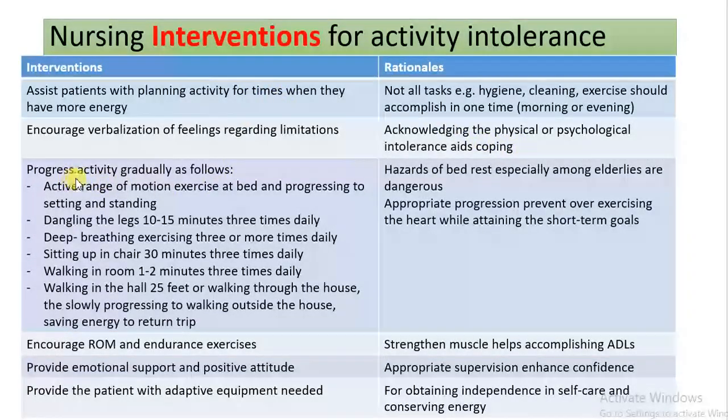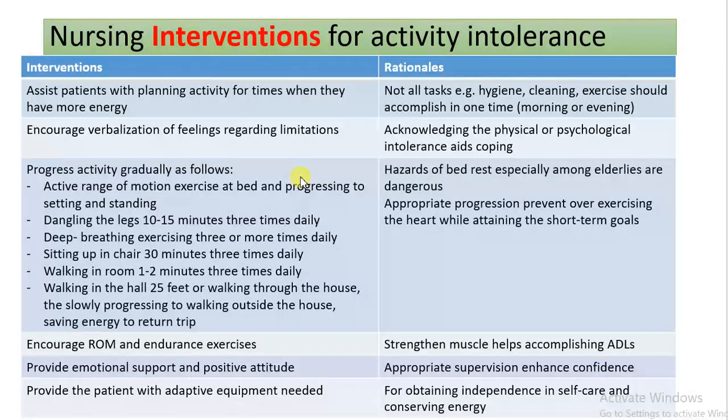Another nursing intervention is to progress activity gradually, for example, active range of motion exercise in bed and progressing to sitting and standing. Dangling the legs 10 to 15 minutes 3 times daily. And also deep breathing exercises 3 or more times daily.